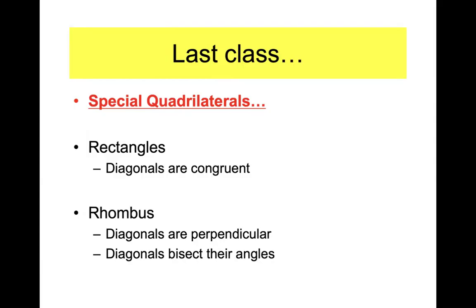And for rhombi, remember diagonals are perpendicular and the diagonals bisect their angles. And then lastly, squares are rectangles, and squares are also rhombi, therefore they include the consequences of being rectangles and rhombi and parallelograms.